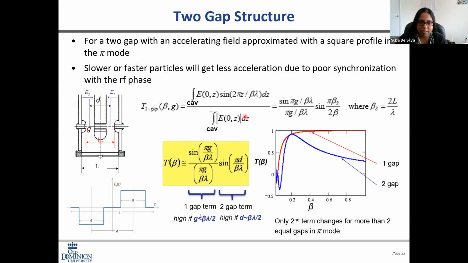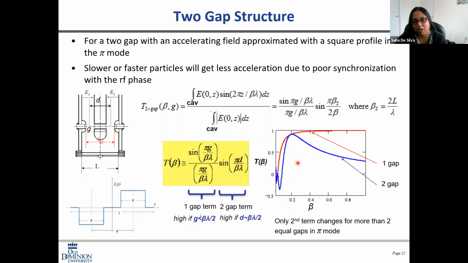And now the transit time factor has two terms. The first term is coming from one gap term, and this second sine term is from the second gap. So when you have multiple gaps, only the second term changes. So this first term is fixed, but it can be sine squared for the three gap.